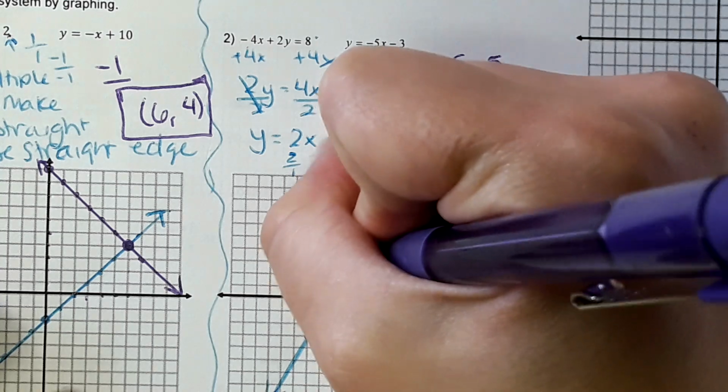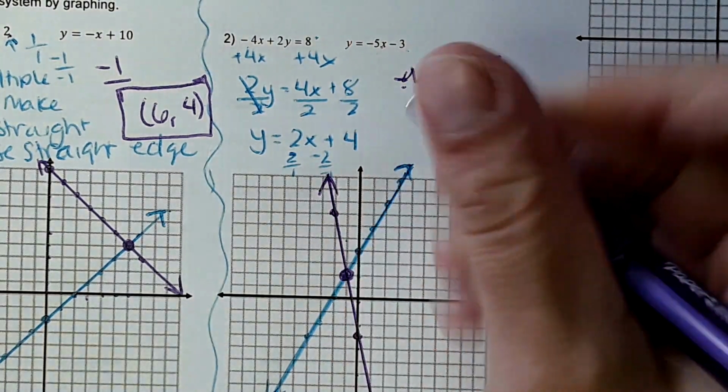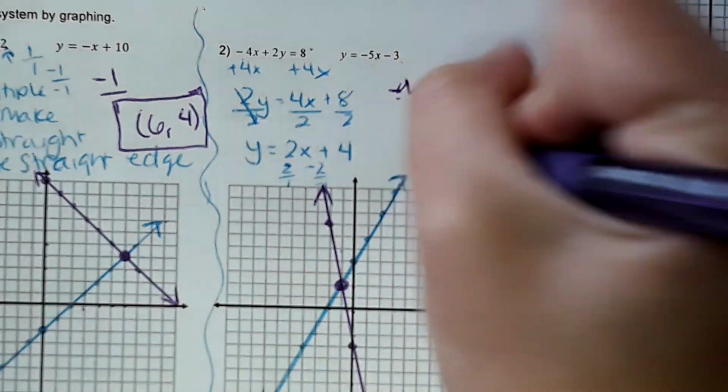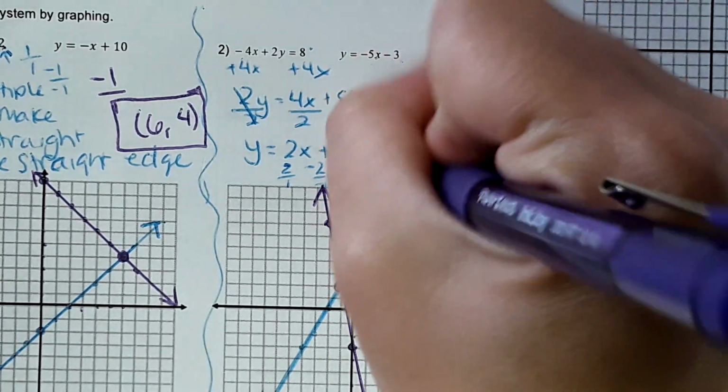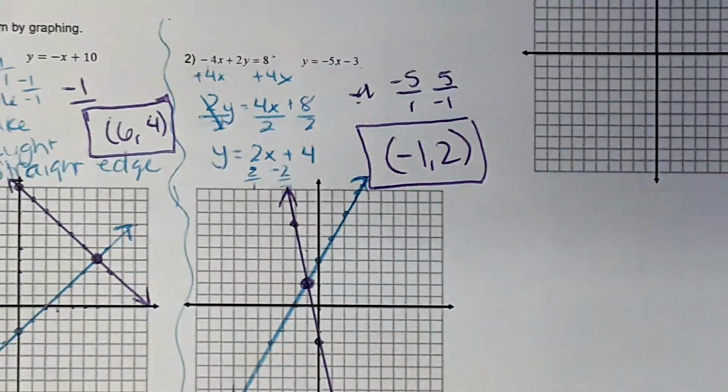Okay, and the intersection's right here at -1, 2. And so that is our solution, our answer there.